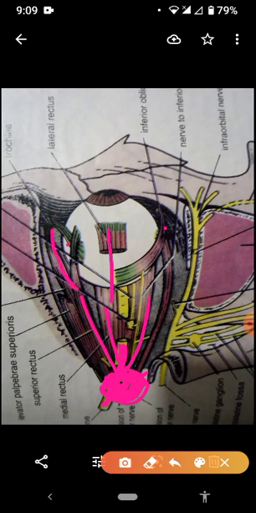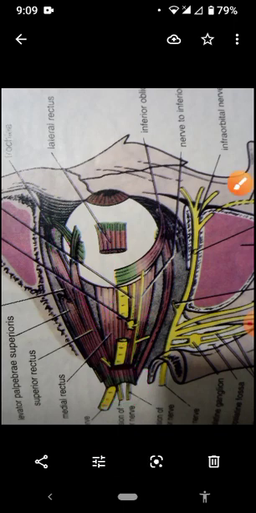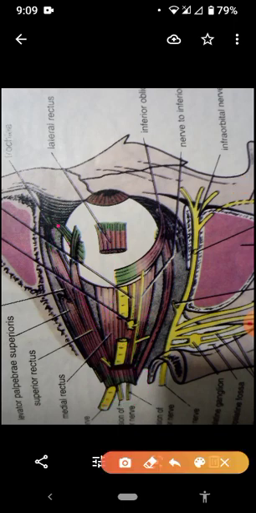This is the superior oblique, and this one is the inferior oblique muscle. These two muscles are also extrinsic muscles of the eyeball, as I have already told you, and their origin is somewhat different as compared to the rectus muscles.